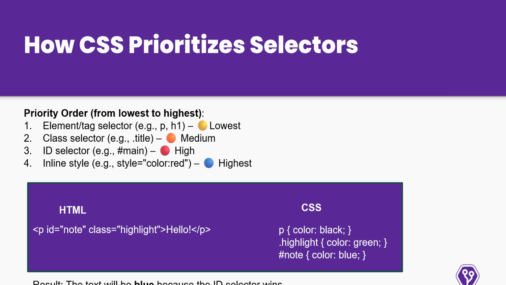So we have the ID and we have the class. If I were to create a CSS style with all those attributes, you'll realize that all the text will be blue in color, despite the fact that we said that the p tag should be black, and also by using the class selector, it should be green. So CSS will pick the ID selector as high priority. So that's one thing to note.